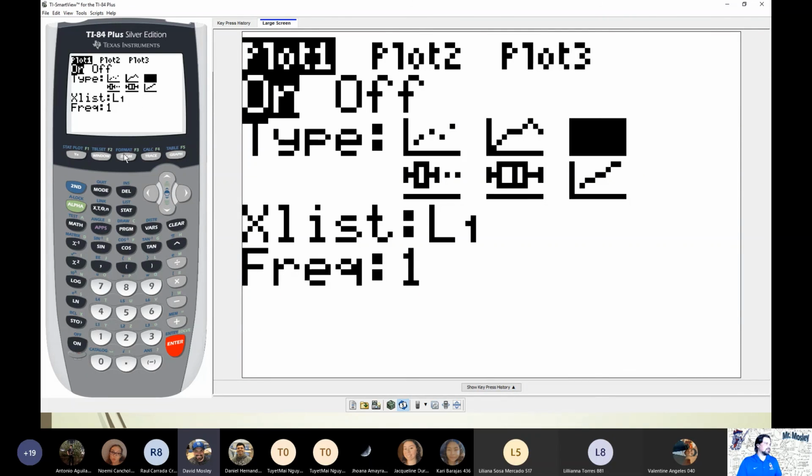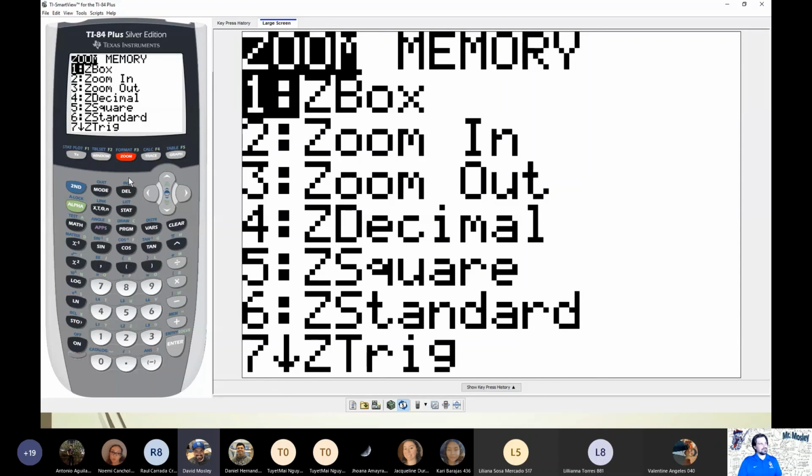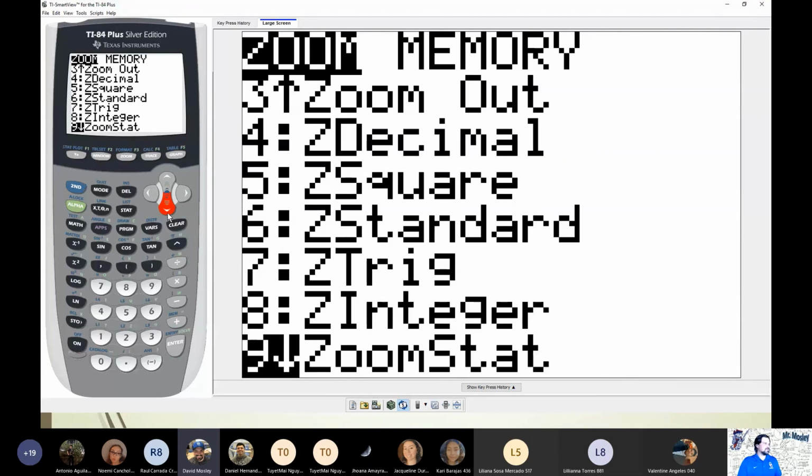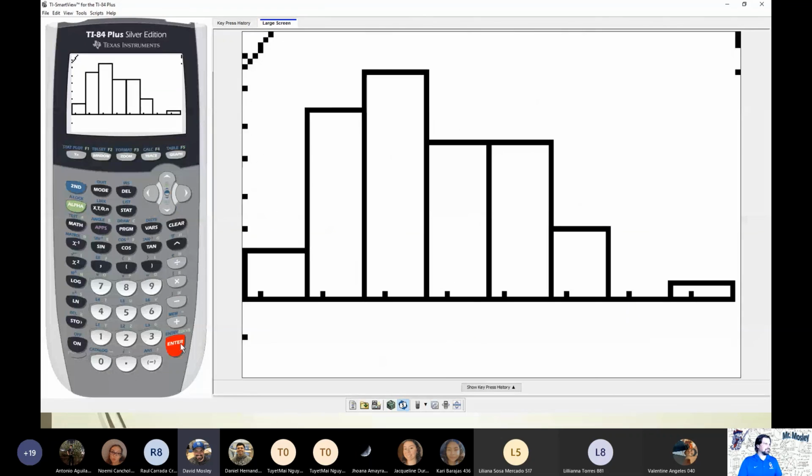Here's a trick, go to Zoom, and keep going. Zoom stat. It should use the parameters of your list to make sure you can actually see your graph. Hit enter. There's my histogram.